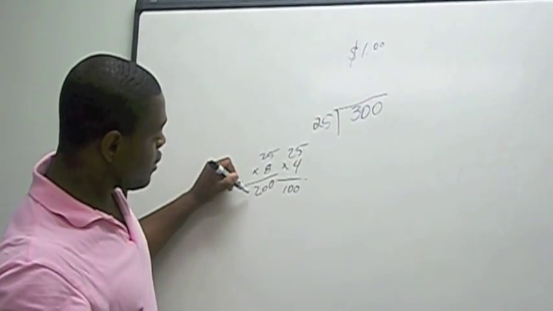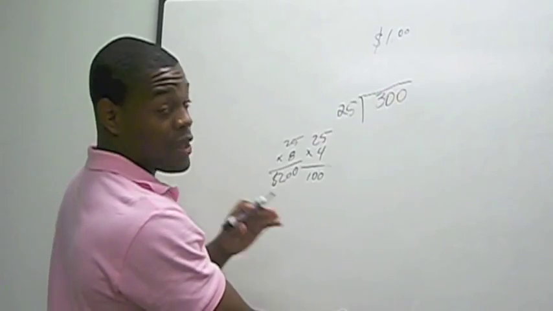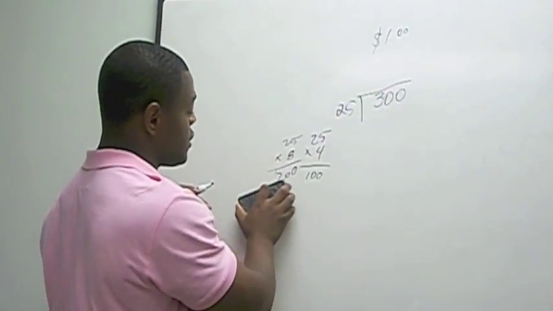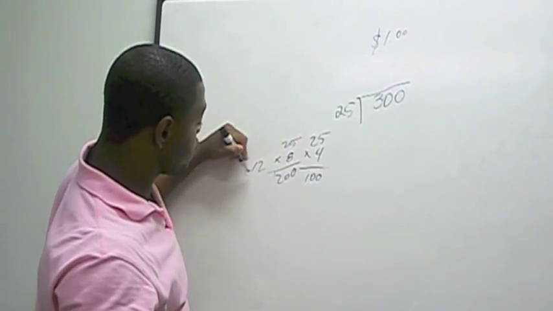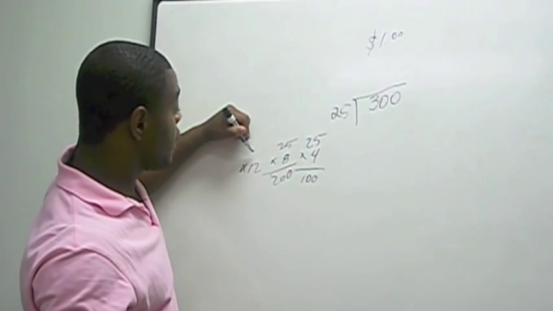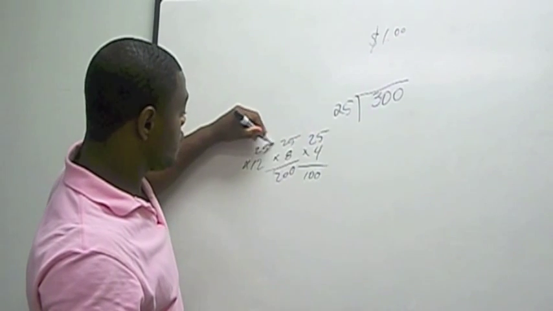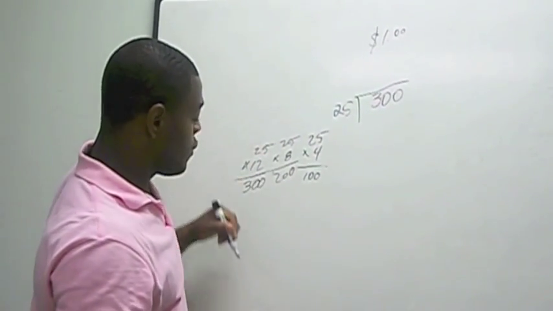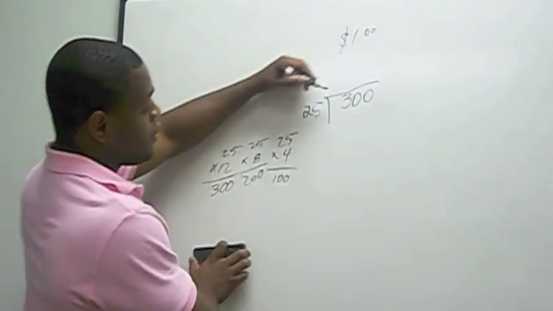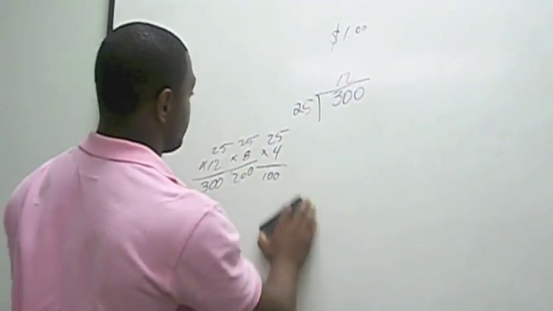We put a dollar sign right there, it'll be $2. But for this, we're just going to use hundreds. That being said, there are 12 quarters in $3. This makes it really easy for you to determine that this would be 12.